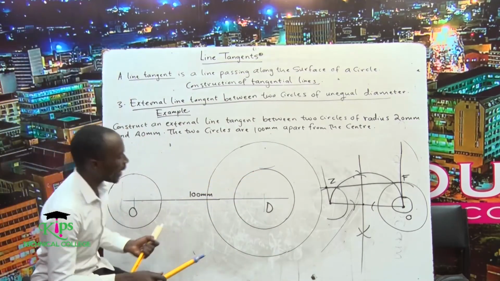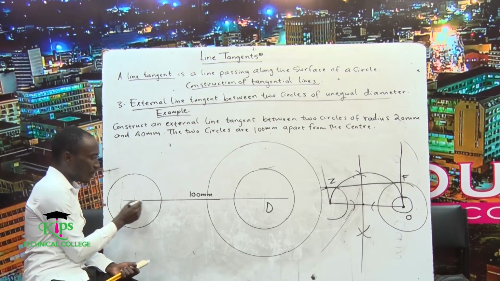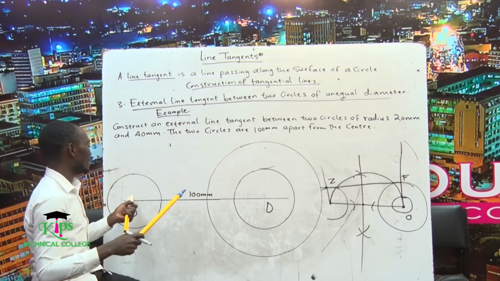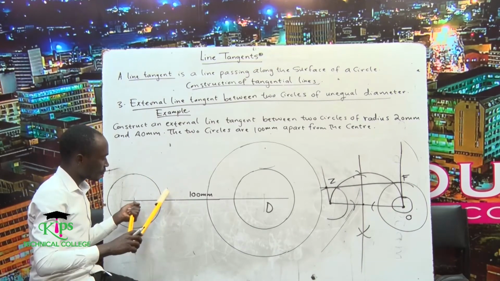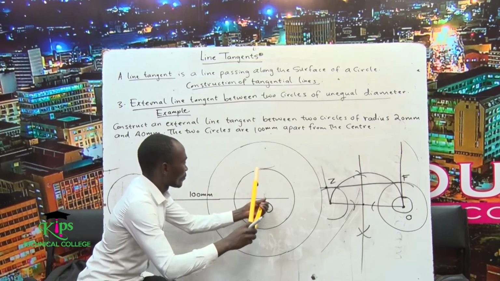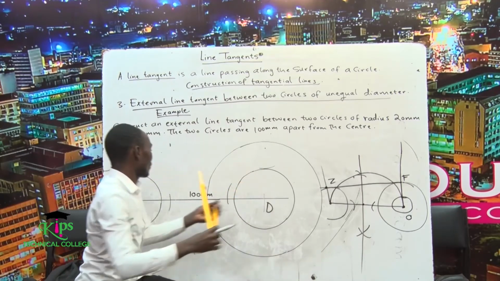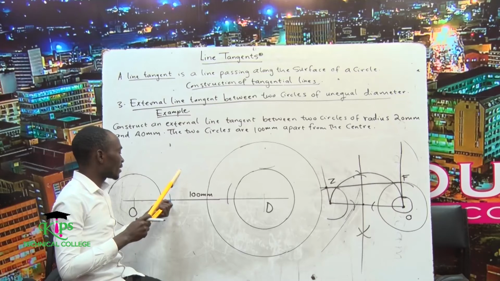Then again, I need to bisect line OD. I will bisect line OD. Let me bisect this line.